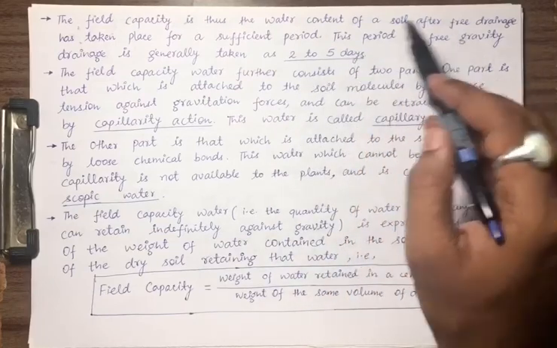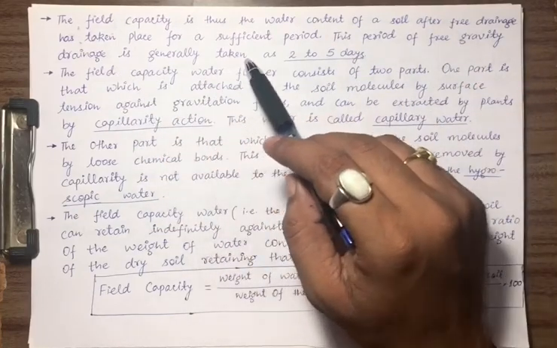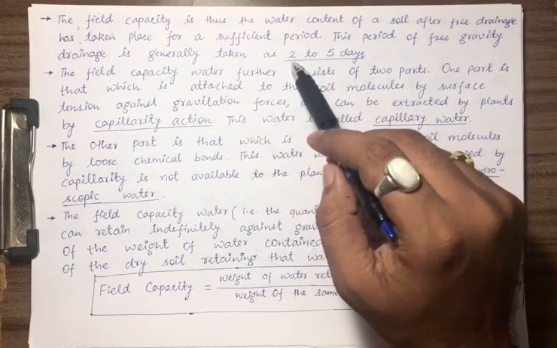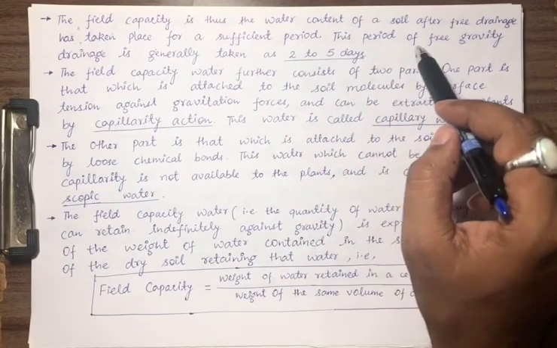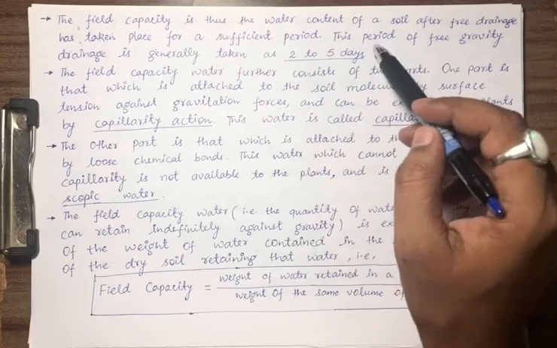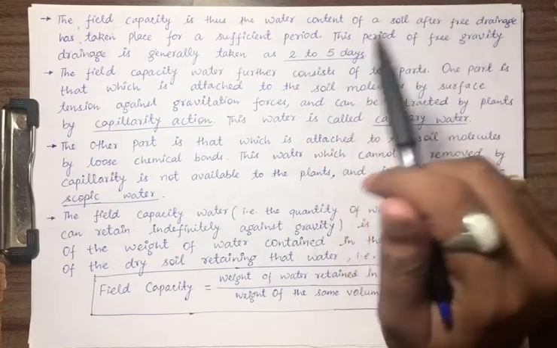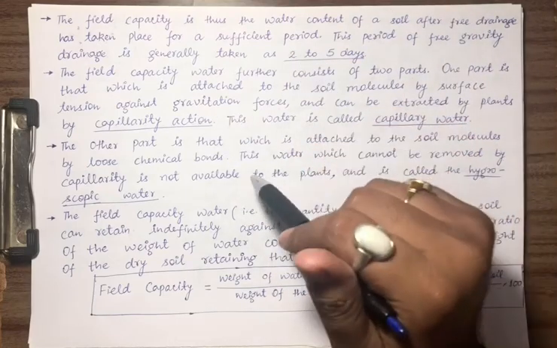This period of free gravity drainage is generally taken as 2 to 5 days. So we will allow the water to drain under the action of gravity for 2 to 5 days. After that, whatever remains against the action of gravity will be termed as field capacity.